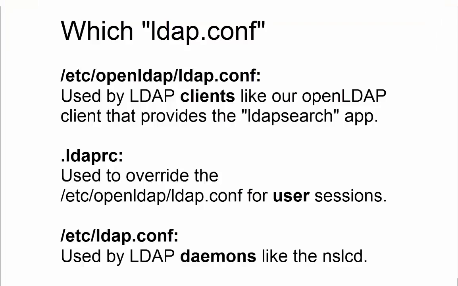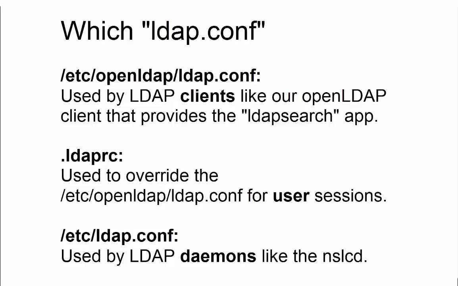The next search is going to be performed using defaults which are specified in a dot file in our user's home directory. Now, similar to the way that the .bashrc can specify defaults for a user's bash environment, a .ldap-rc file can specify defaults for a user's LDAP client environment.